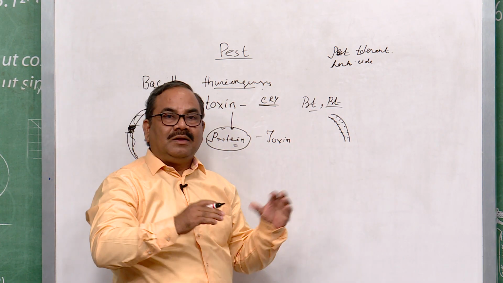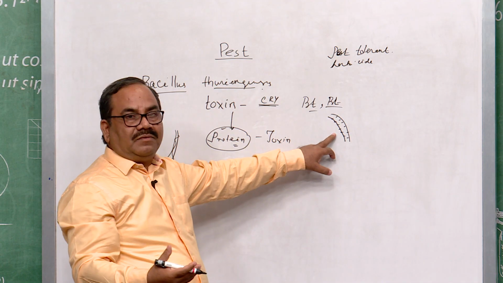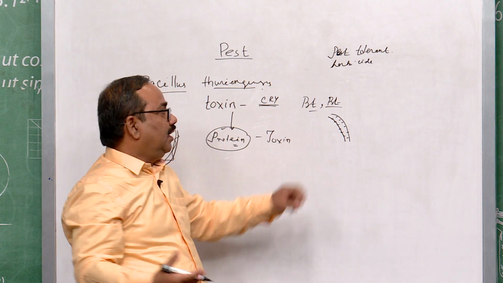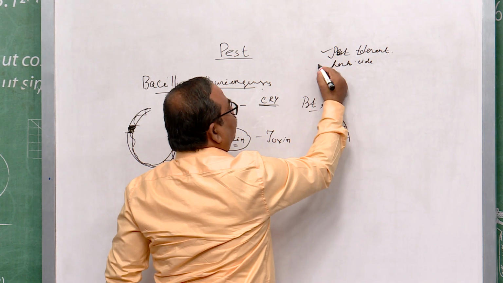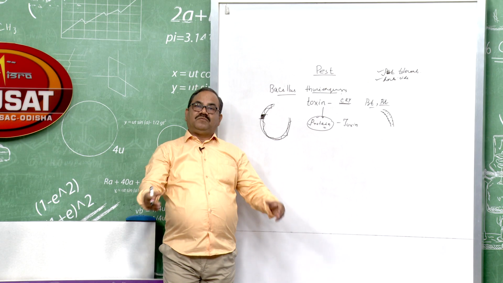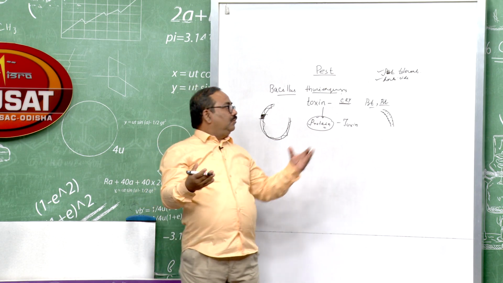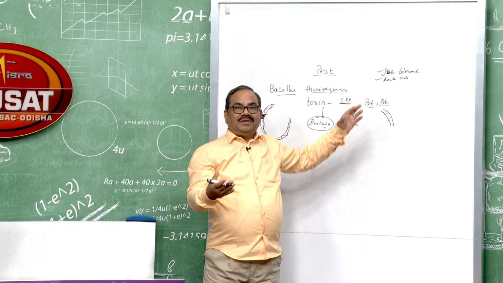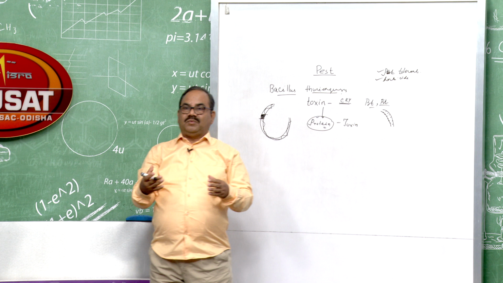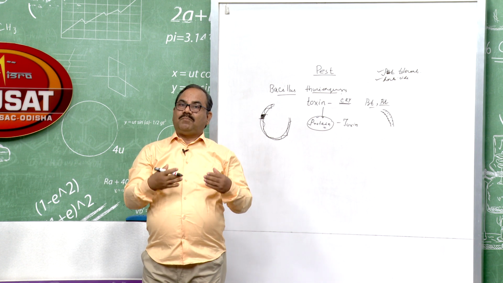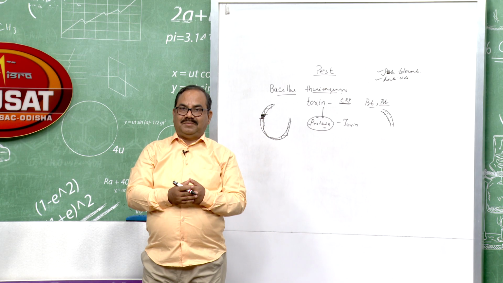If we are successful in taking out these genes and incorporating them into the crop plants, then we shall have pest tolerant and herbicide tolerant plants. And when we spray these plants, the target organisms will be eliminated, but the crop plants will not be affected.